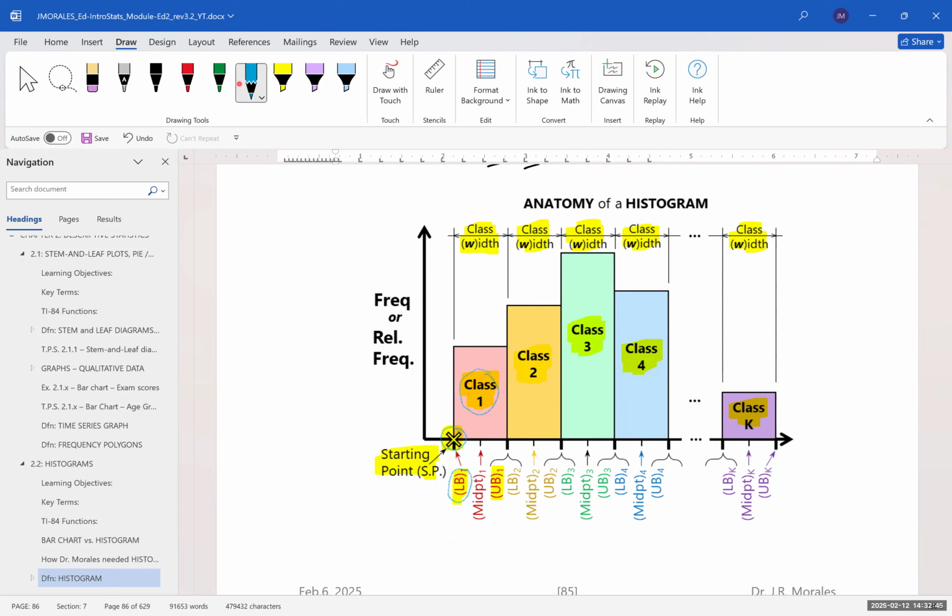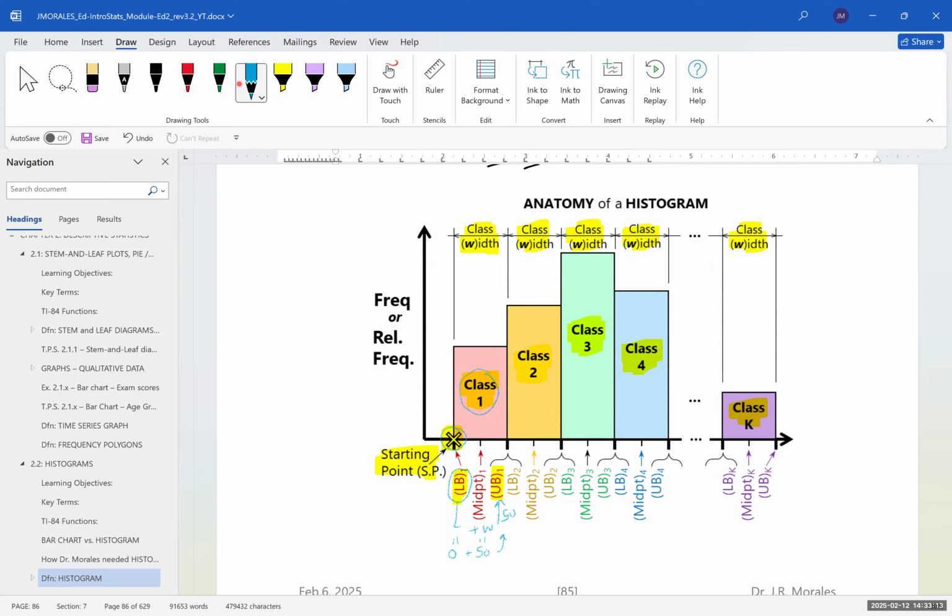Then you've got the upper bound, which is just the lower bound plus whatever width you have. For example, in the last example, our lower bound was 0, and our width was 50, and 0 plus 50 gave us the next tick mark here, which was itself 50.